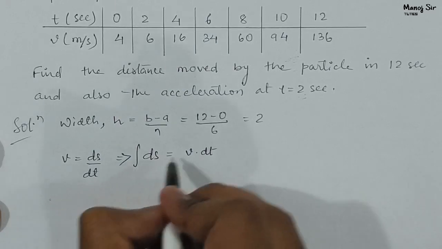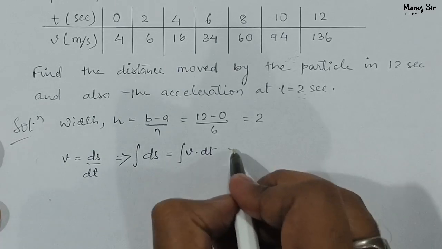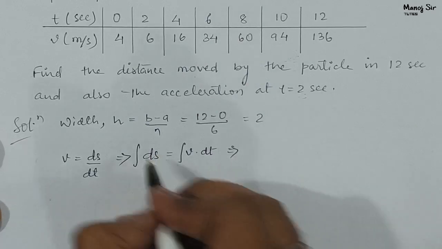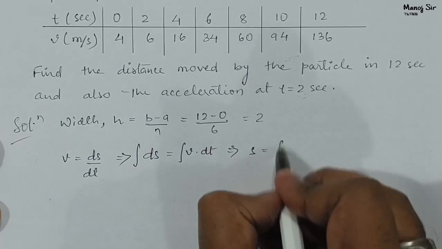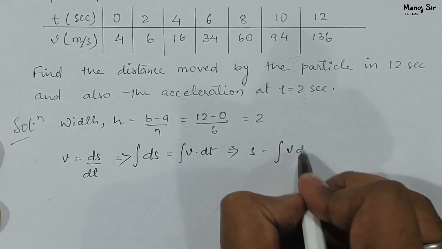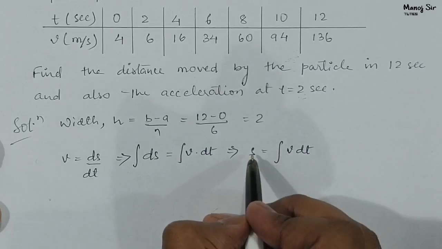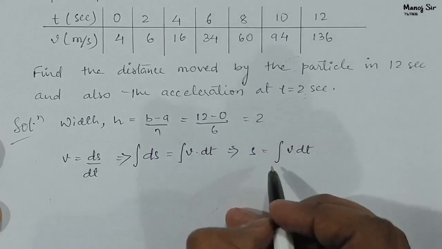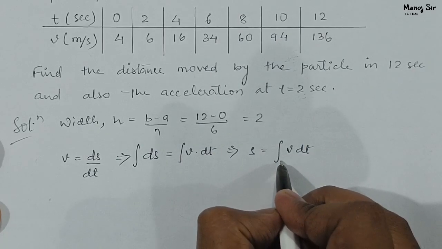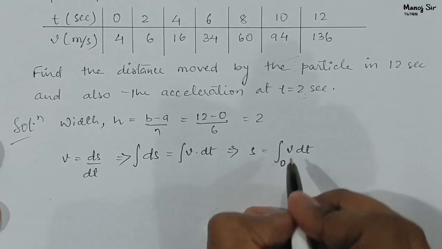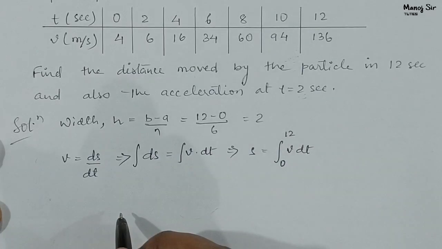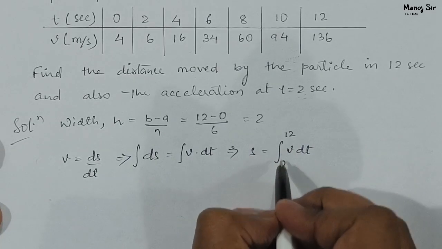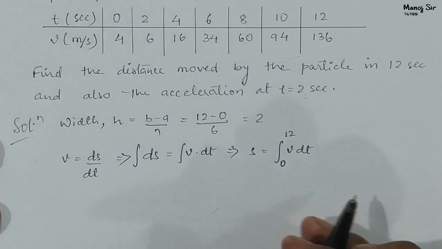Now integrating both sides, this is going to be s equals the integral of v into dt. Here we are finding the distance moved by the particle in 12 seconds, which means the time goes from t equals 0 seconds to 12 seconds. I hope this point is clear. The limit is from 0 to 12.